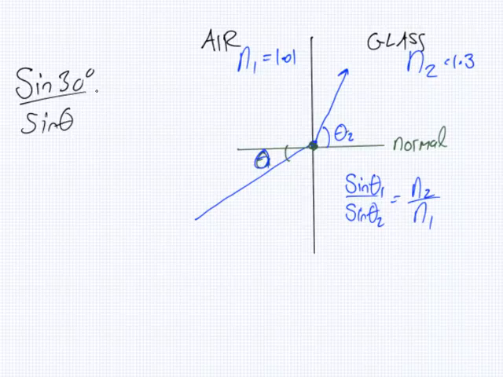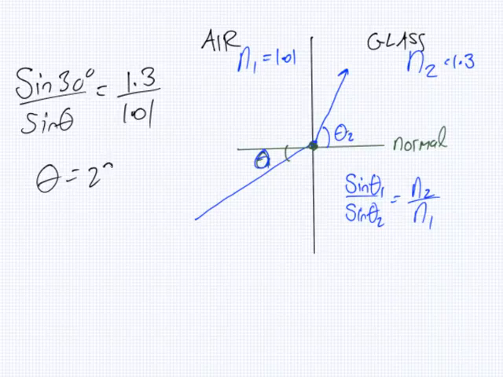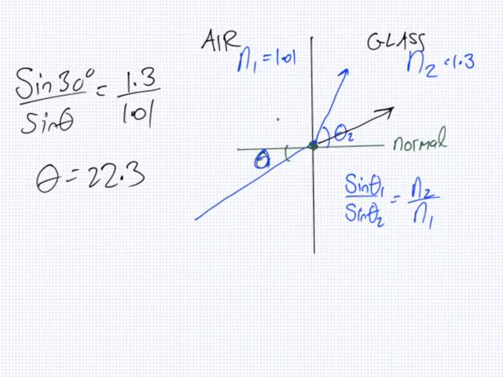Go on. 1.3 over 1.01, and when you solve this, you got theta 2 is 22.3. Okay. So that's actually smaller. That's very interesting, just like I meant. But when is it bigger? Bigger is when n2 would be smaller than n1. So, for example, if we go from glass to air, it would be bigger. Alright, let's continue.